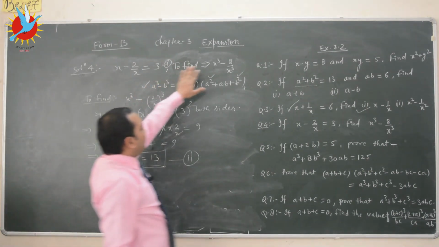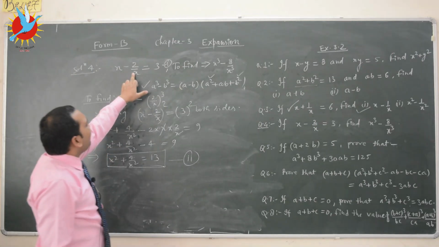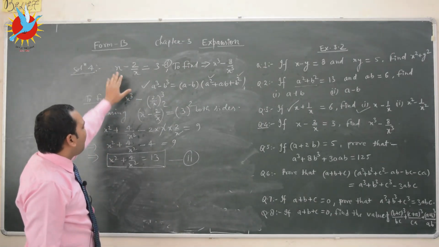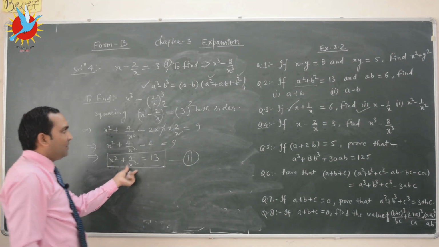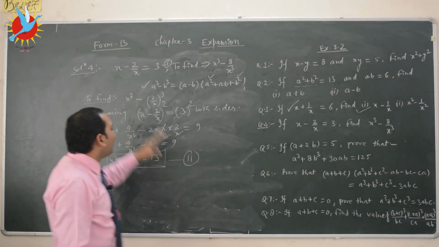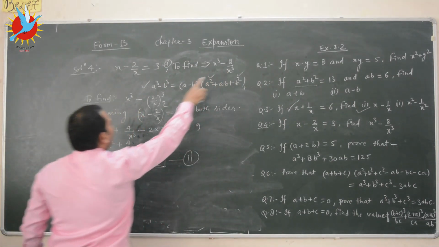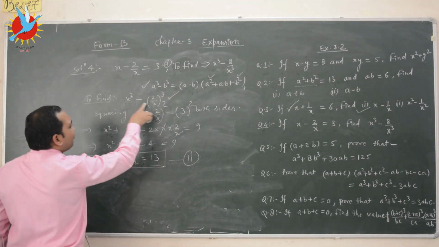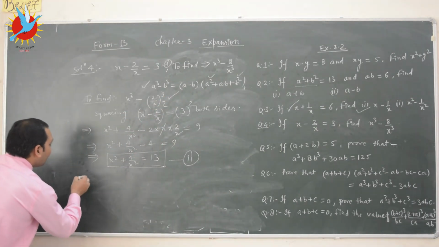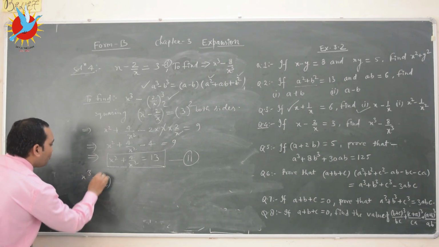To find this x cube minus 8 upon x cube, first we squared this to find the value of x square plus 4 upon x square, meaning a square plus b square. Once again we use the formula a cube minus b cube. We have to find x cube minus 2 upon x whole cube.